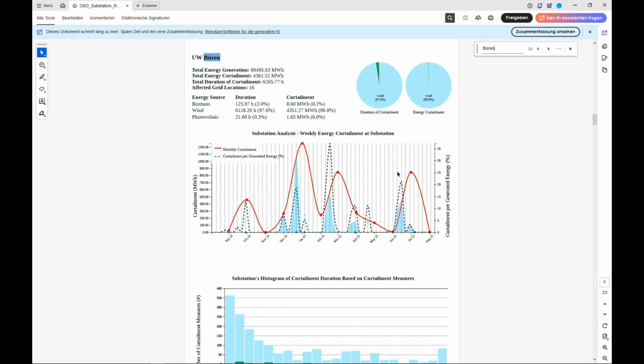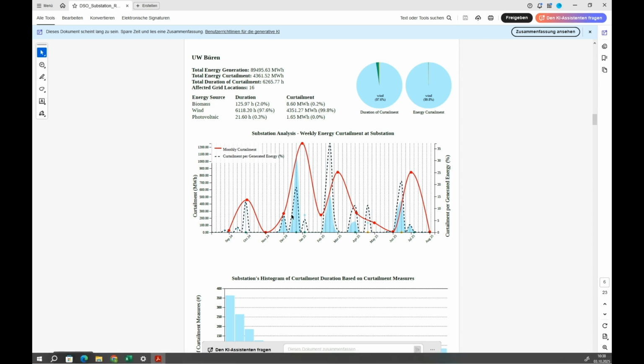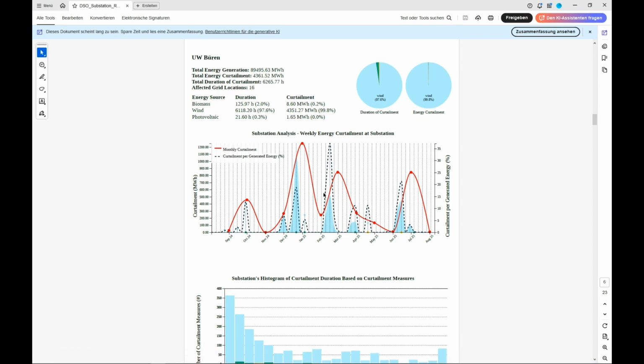But since it's now more in the mind of the system operators to look at the complementary nature of PV and wind, it's still interesting for PV to get connected, because we also see that the curtailment in the summer months, March, April, May, is less than in the winter months.